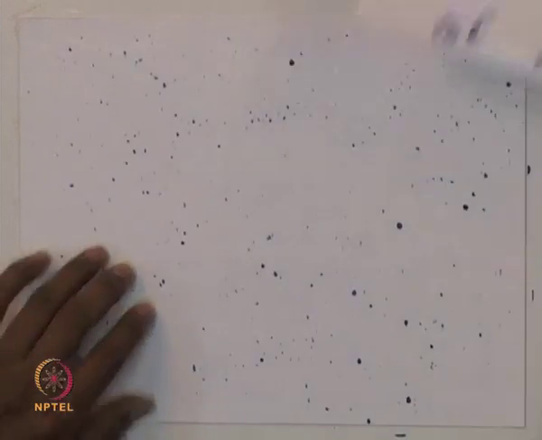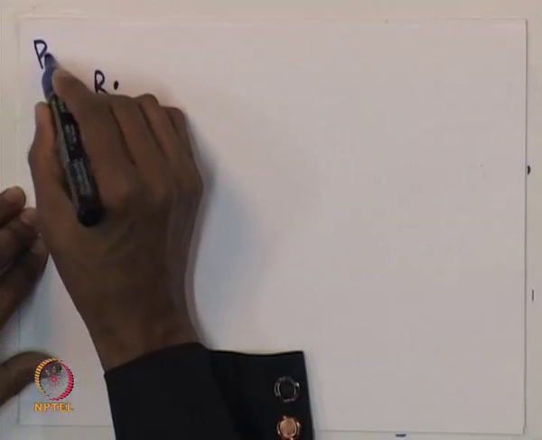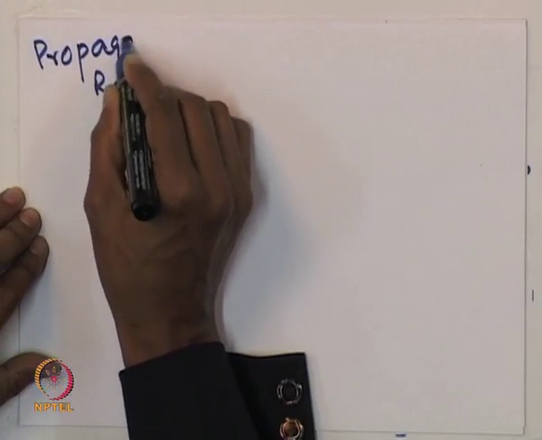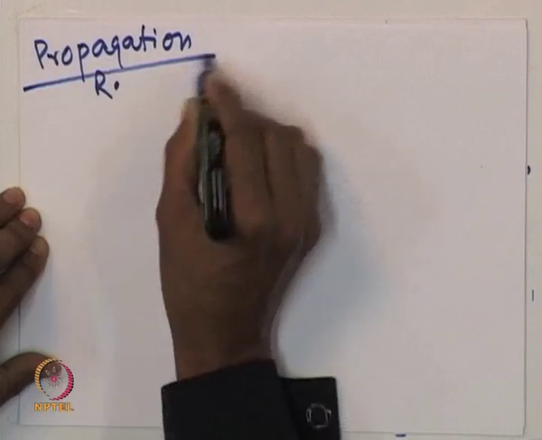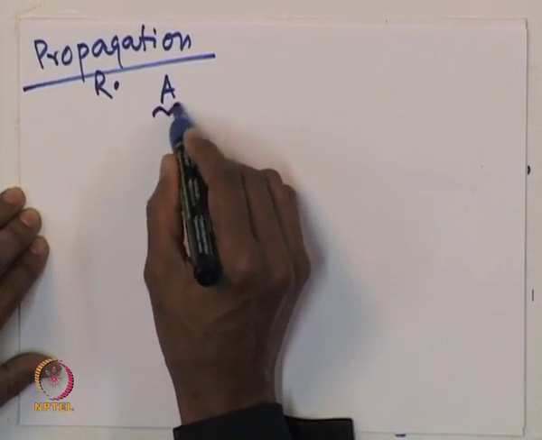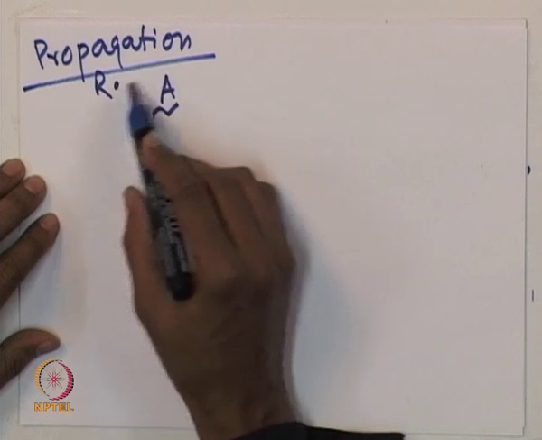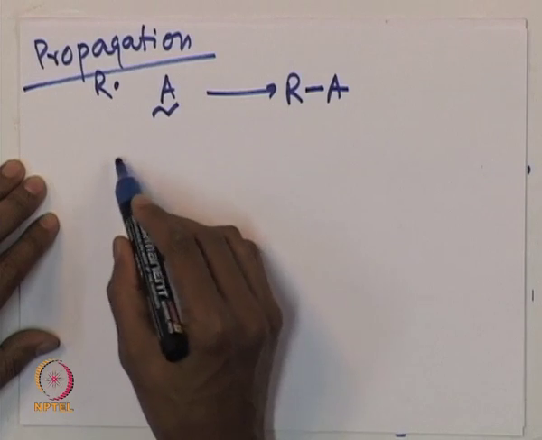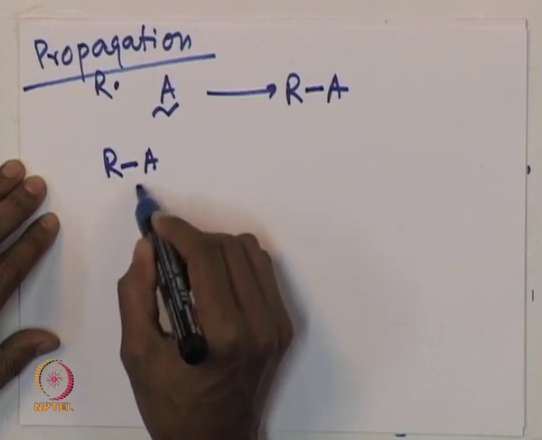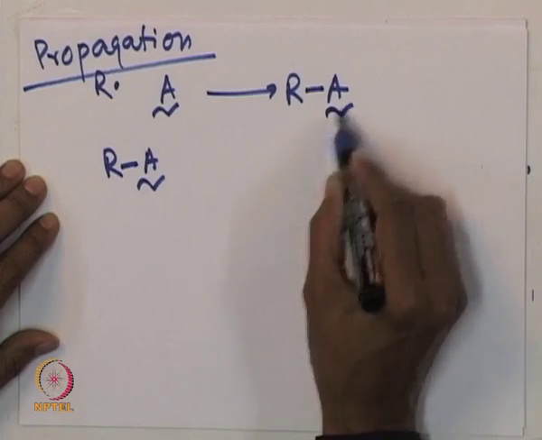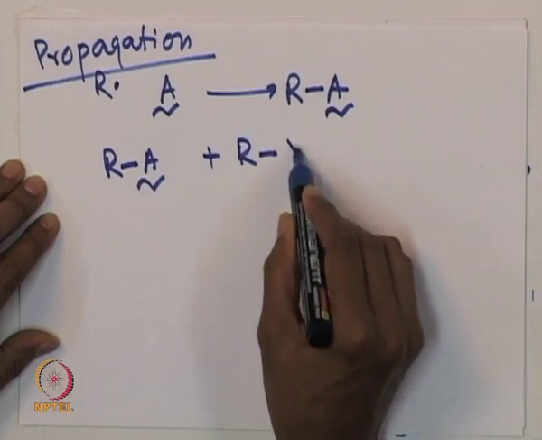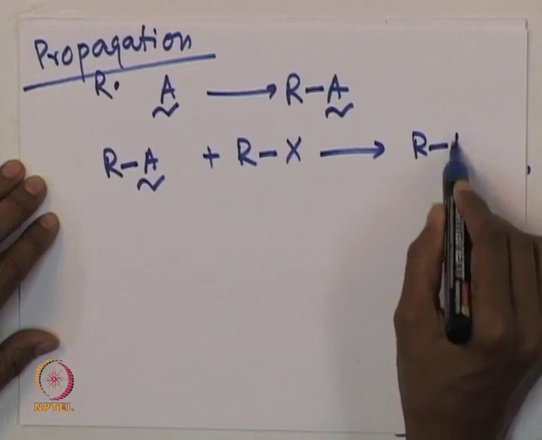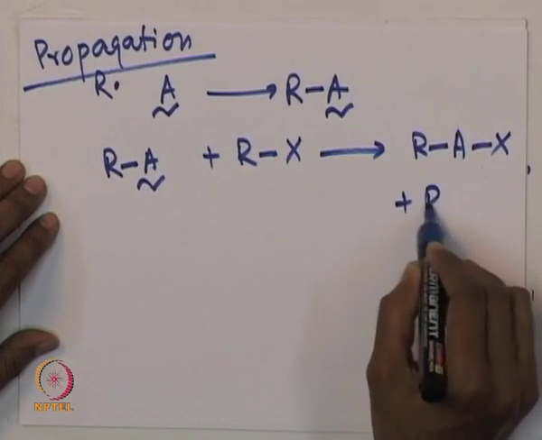Okay. The propagation for this reaction will involve the R dot. So, the propagation, let us say, the R dot reacting with the initiator, okay, to give you RA. Now, RA will react with RX to give you the RAX species plus R dot.